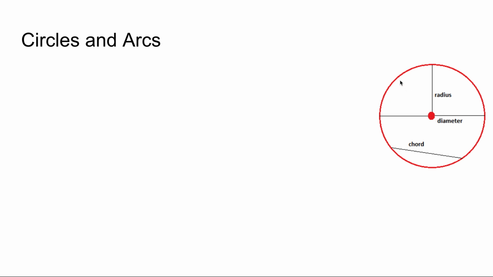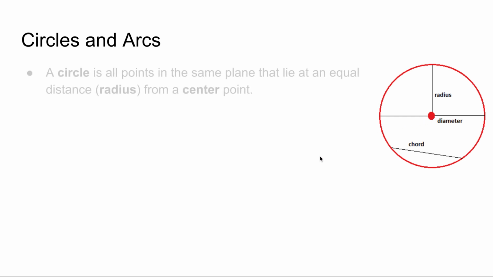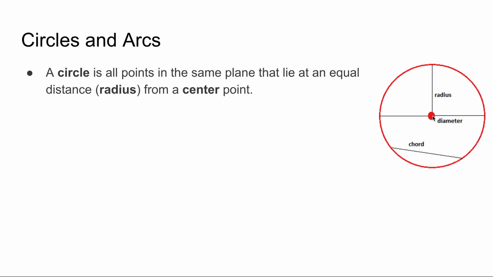So I can draw another radius there, still the same size as this one, right? So any point you pick from this circle, the distance from that to the center is equidistant, okay? Equal distance, with a more fancy name, equidistant. So we call this red dot, we need to make it smaller, but anyways, that is the center, right? And from the center to any point on the circle is called the radius.